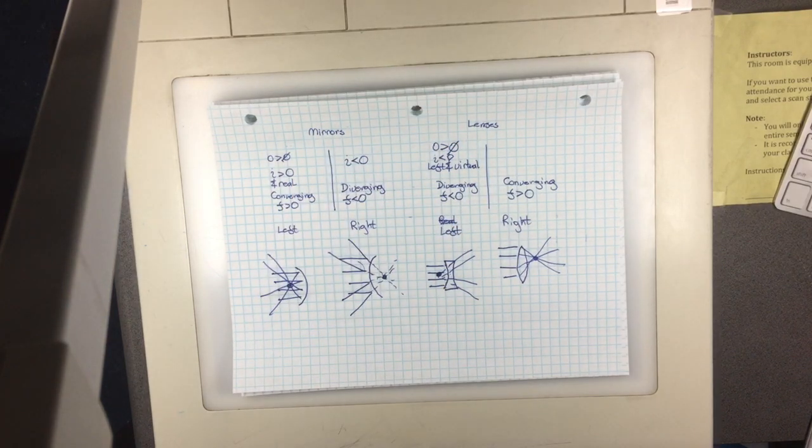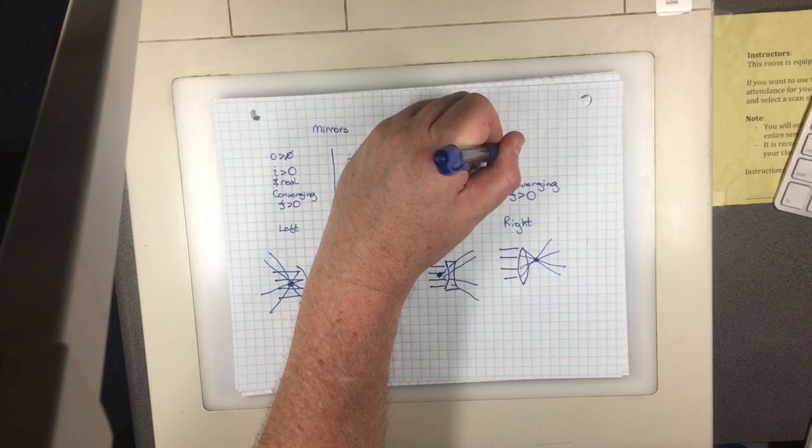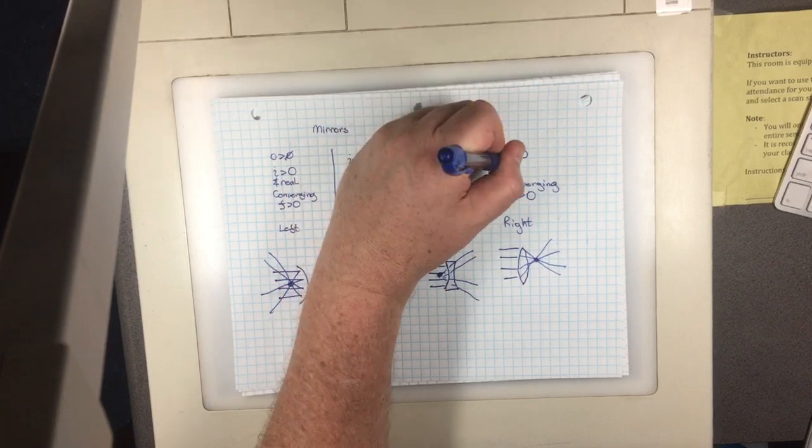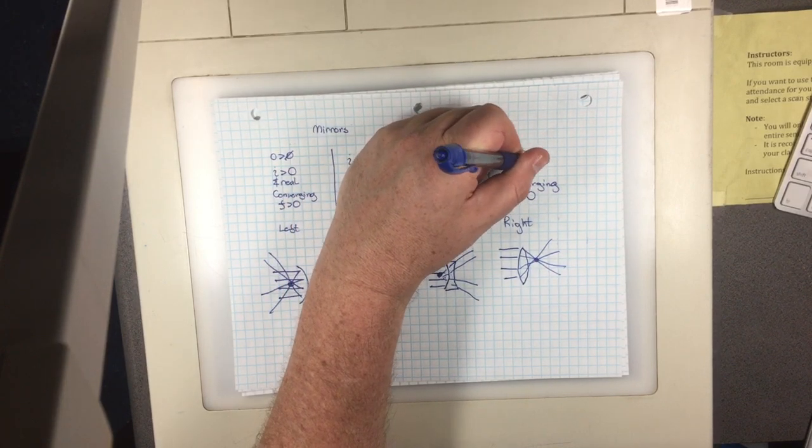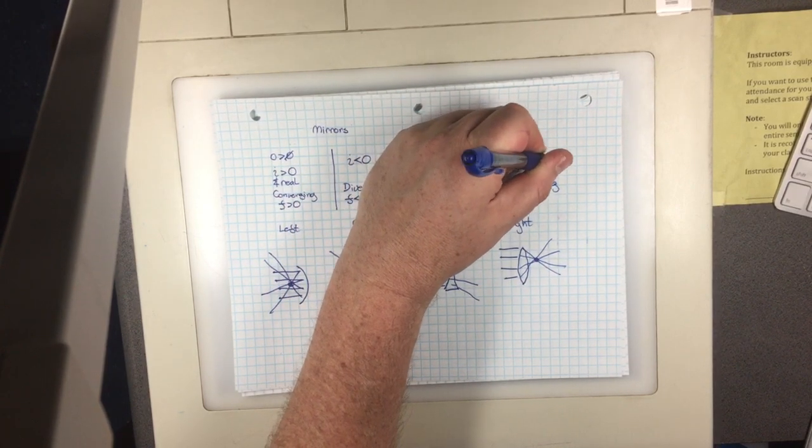Virtual images from mirrors are on the right. The light never passes through it. Virtual images for lenses, because the light passes through the lens, a virtual image is to the left. If the image distance is greater than 0, it is to the right and real.